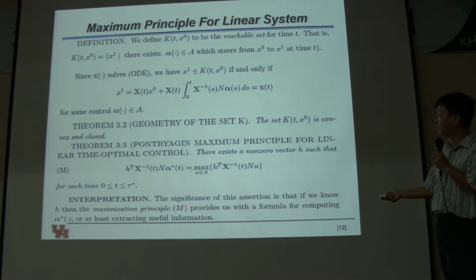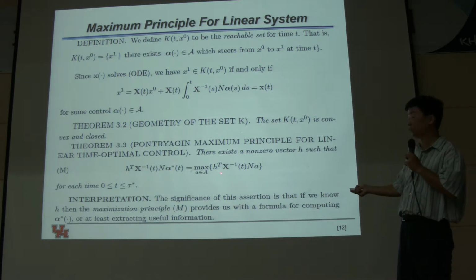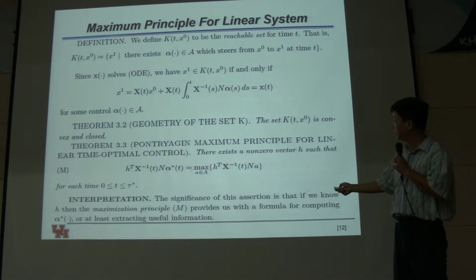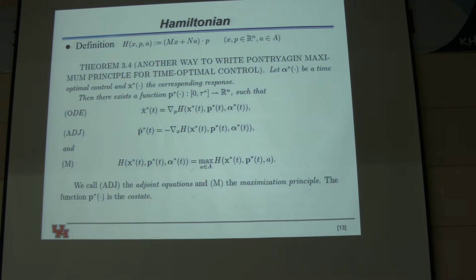And the second thing is, how could I calculate h? You say that there exists a non-zero vector. So the question is, how could we calculate h? And then later people determined what is called the Hamiltonian. So this h can be defined in this way.